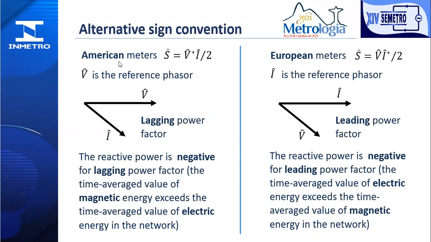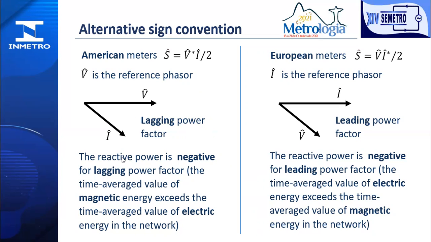There is an alternative sign convention. American meters use this convention here and take the voltage as the reference phasor. Here you can see the voltage as the reference phasor and the lagging power factor, where the current lags the voltage.